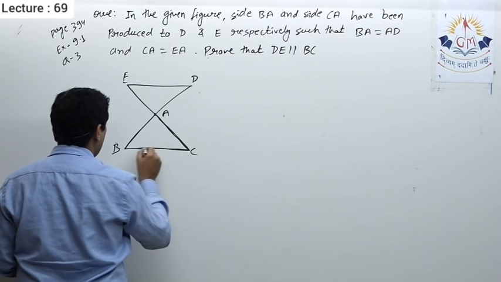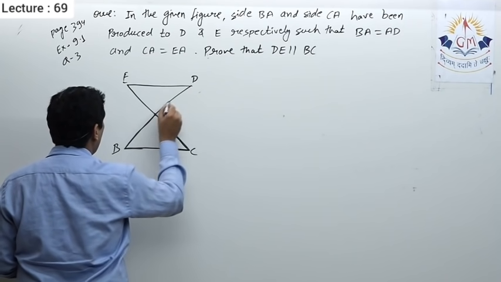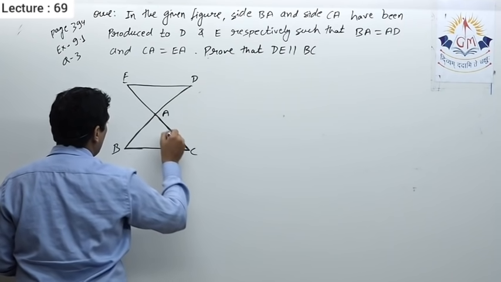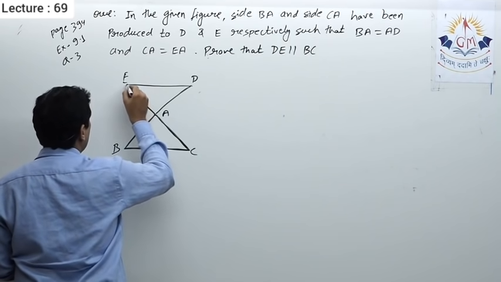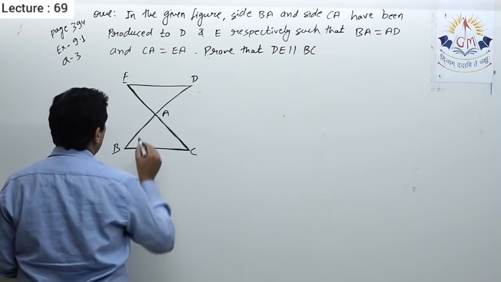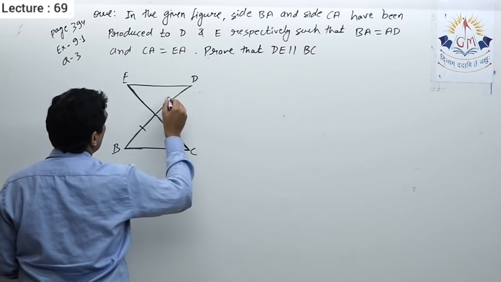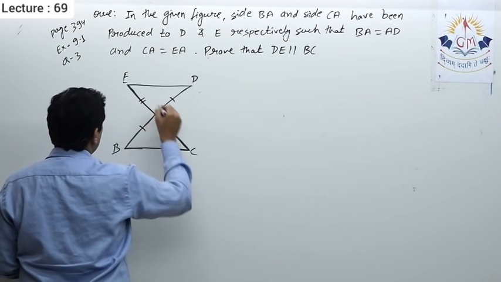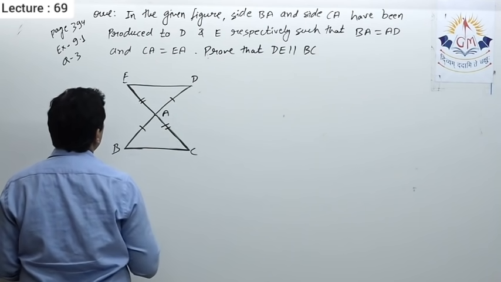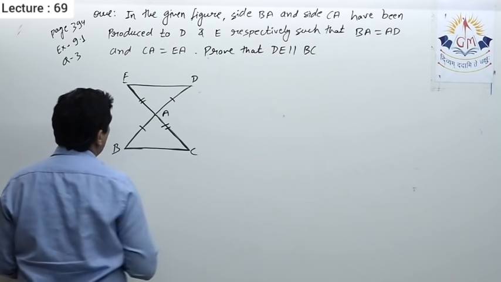Now here they say produce BA to point D and produce CA to point E, such that BA becomes equal to AD and EA becomes equal to AC, and we have to prove DE parallel BC.